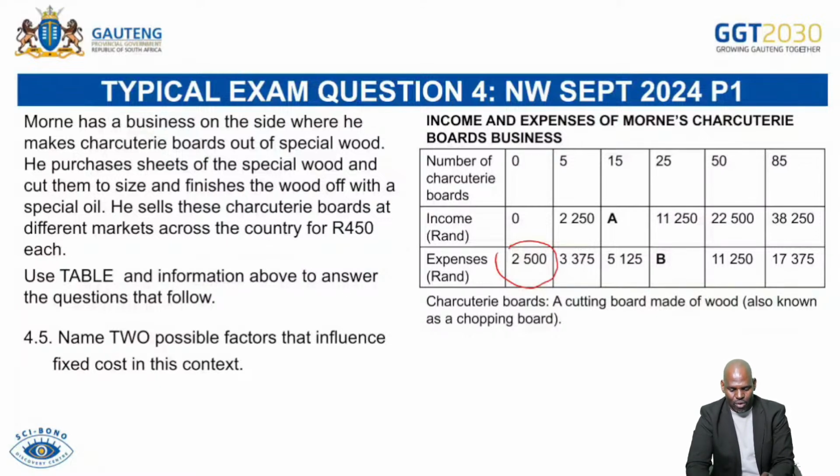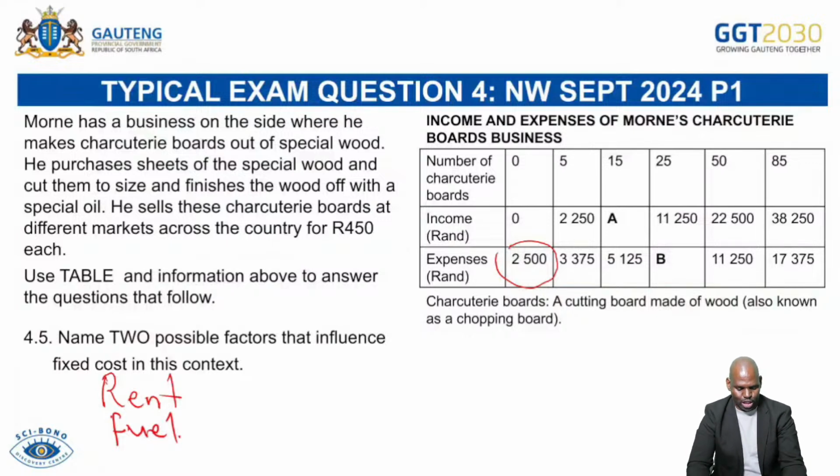But what are the other expenses? The other expenses can be rent or fuel, and so on. You can think of any other expenses of running a business. So in this case, the possible answers will be rent and fuel.